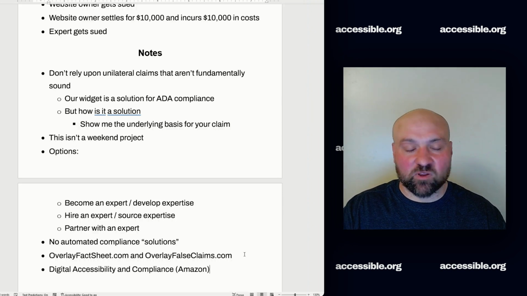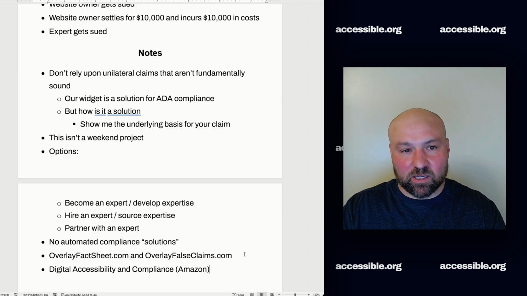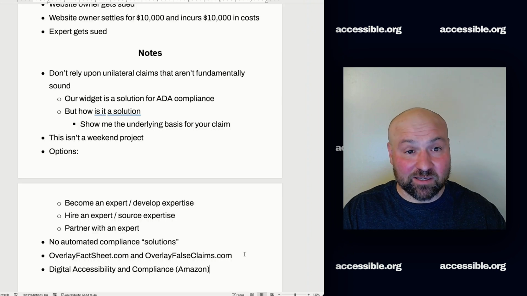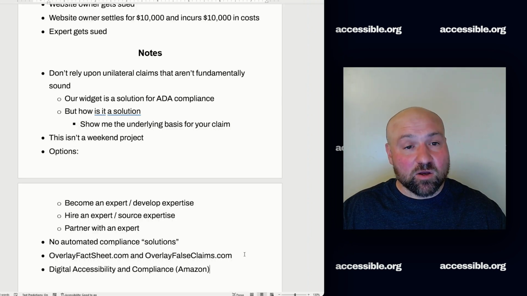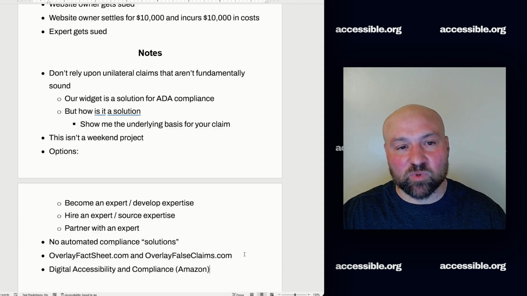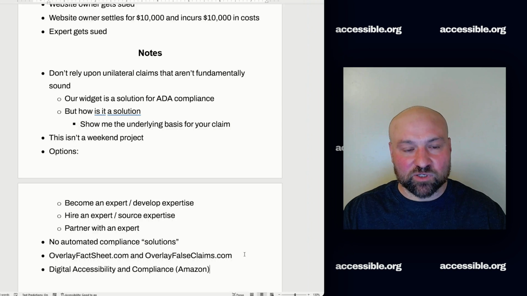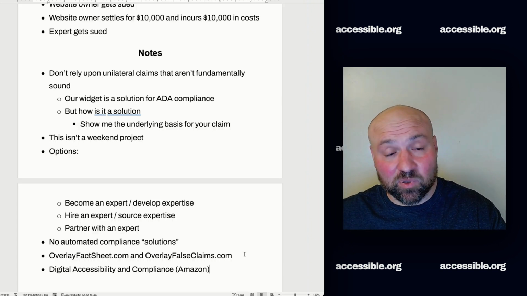And so for the most part, when we look at compliance, the material aspect is accessibility. That's what this is supposed to be all about: making sure that people with disabilities have access to digital experiences.